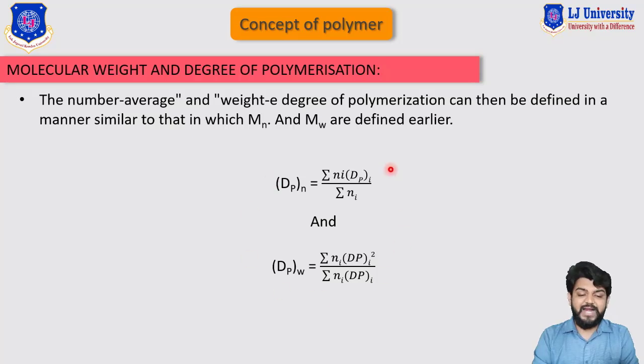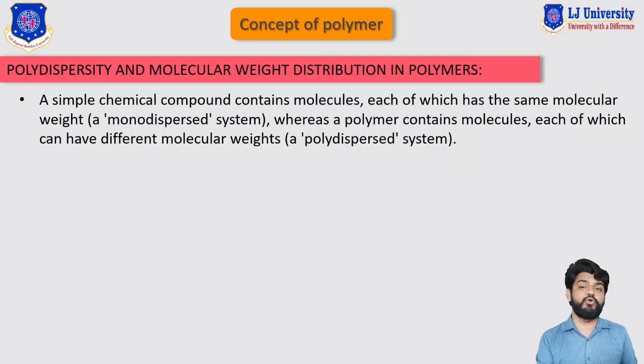So these two are nothing but your number average degree of polymerization and weight average degree of polymerization. Now, after understanding this degree of polymerization, let's focus on the next concept of polymer science, and that is polydispersity and molecular weight distribution of the polymers.